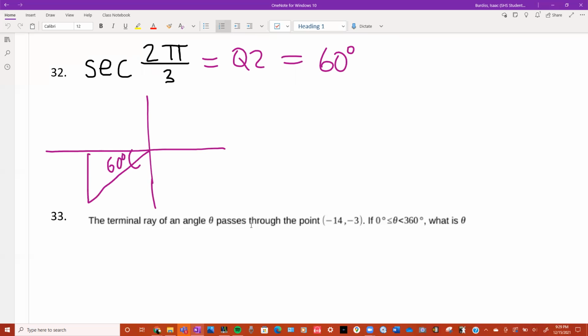We know that across from the 60-degree angle is, oh my gosh, what in the world? Mine just went blank. I don't know what I'm doing.